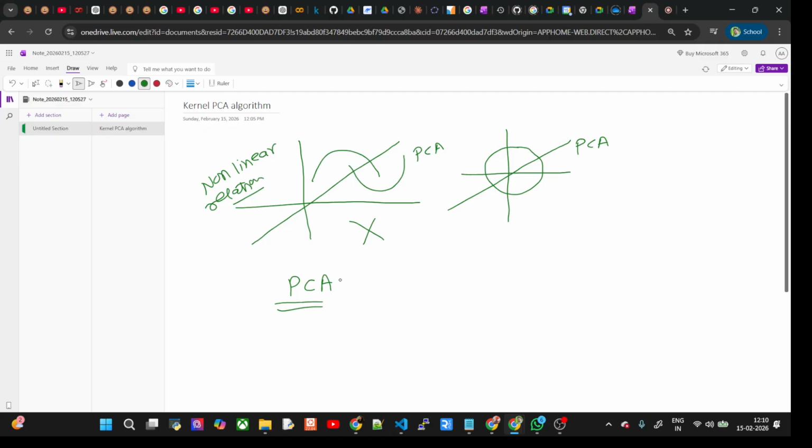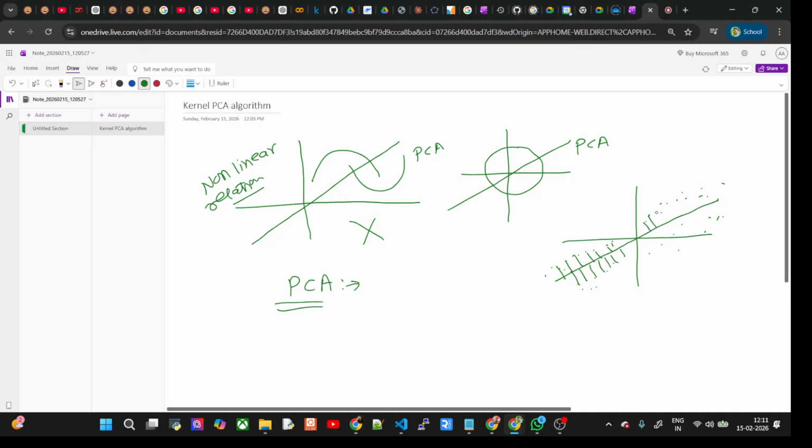What is the output of the PCA, as we have seen from day one? We have lots of points, and we project these points on a line. We try to figure out some line onto which the points are projected, and then we compress the data set.